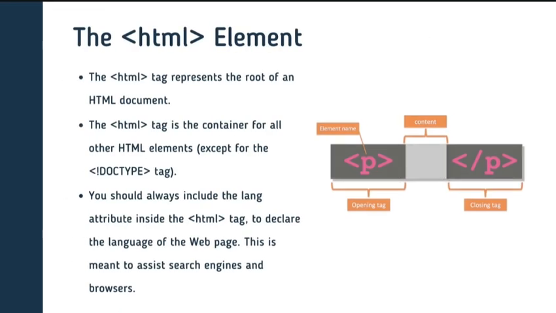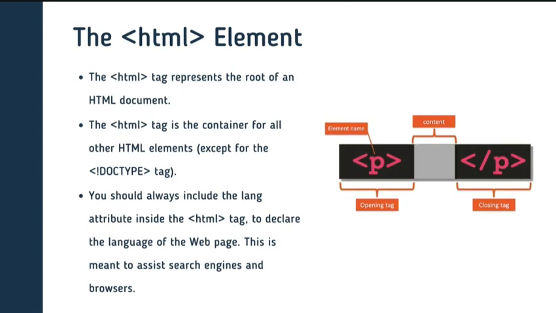So next, guys, we have the HTML element, and the HTML tag represents the root of an HTML document, and it is the container for all other HTML elements except the doctype tag, which is usually the first line of code in your HTML document.